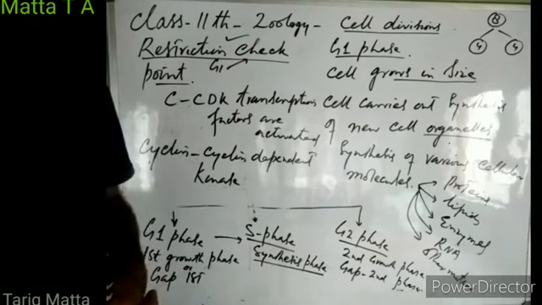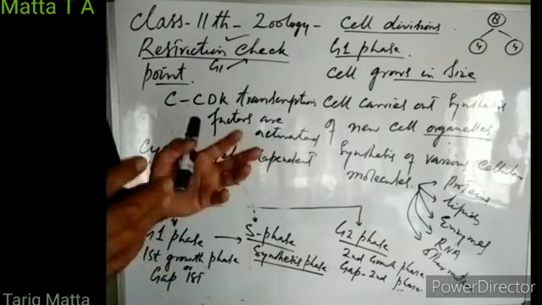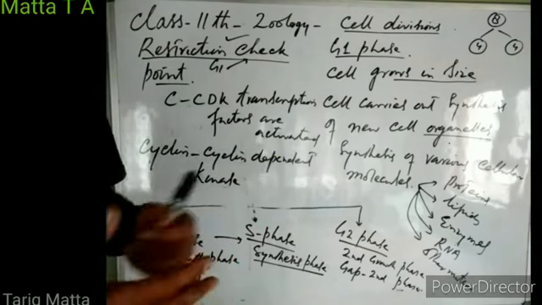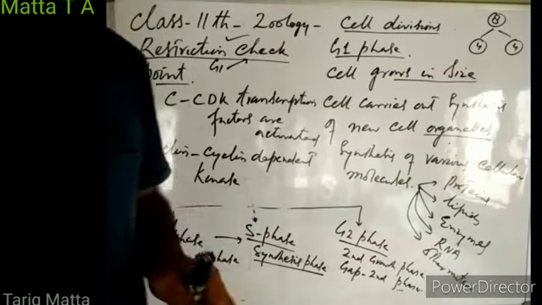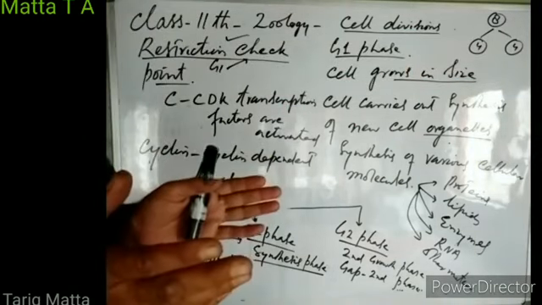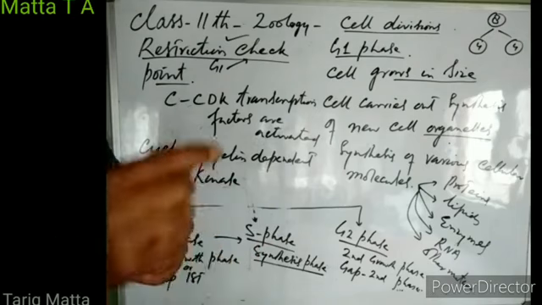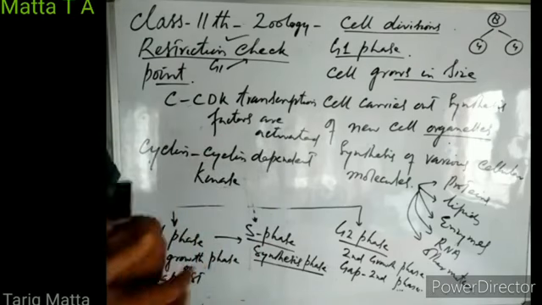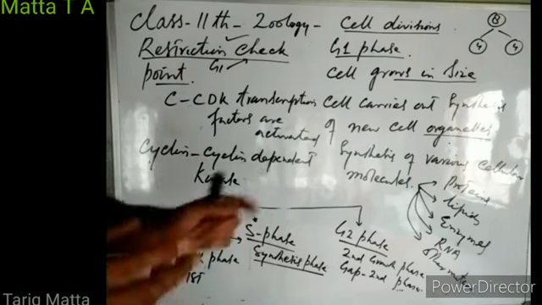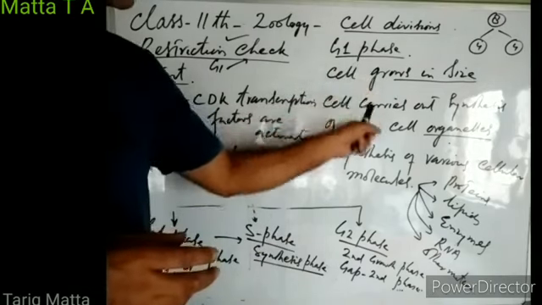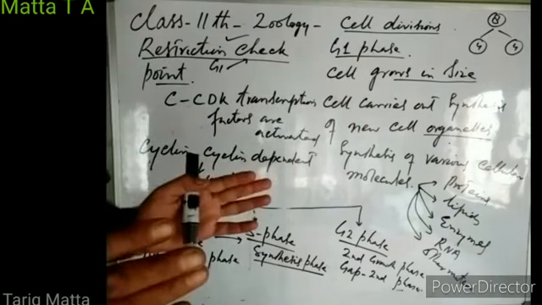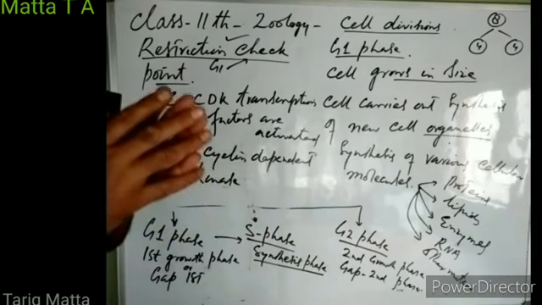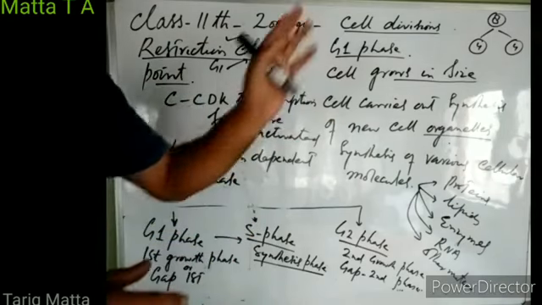The cell also carries out the synthesis of deficient cell organelles. When the parent cell has divided into daughter cells, some of the cell organelles are equally distributed into two daughter cells. So the daughter cell is lacking half of those cell organelles. So first this cell carries out the synthesis of those cell organelles. So all the cell organelles are formed. All the cell organelles are made ready in this G1 phase, right?